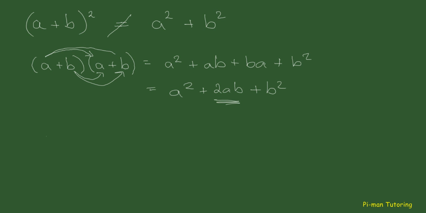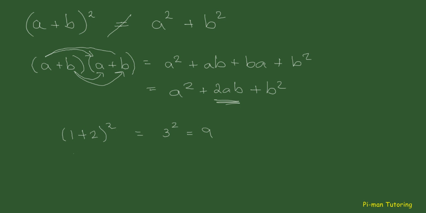So a quick numerical example just to make sure this concept is fully understood. Let's take the simple example that we have (1 plus 2) squared. Obviously, because we know everything inside the bracket, the answer should be 1 plus 2, that's 3 squared, so the correct answer should be 9.